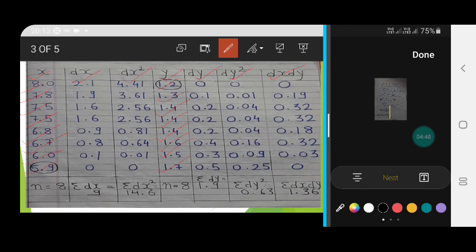So this is the information that had been copied from the question that had been given to us. Now, from the given information we have to calculate the values which need to be put under the different columns.